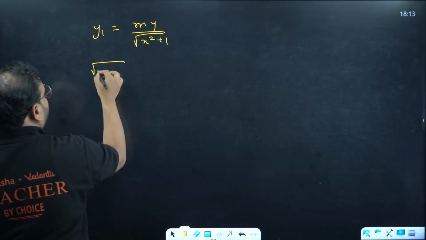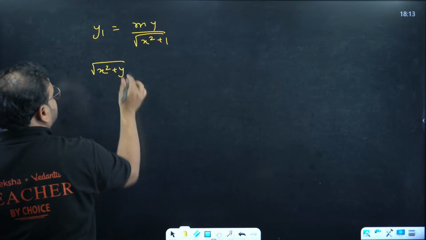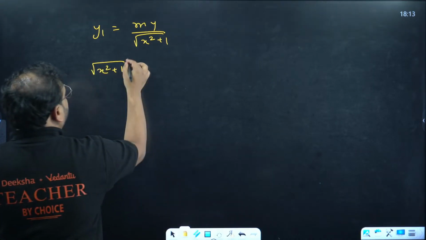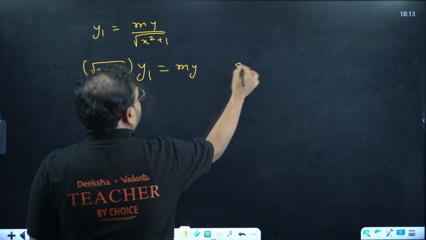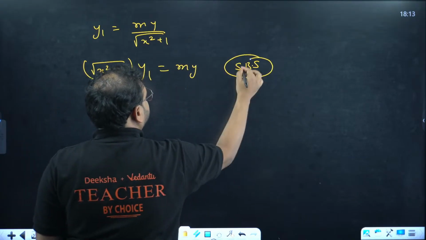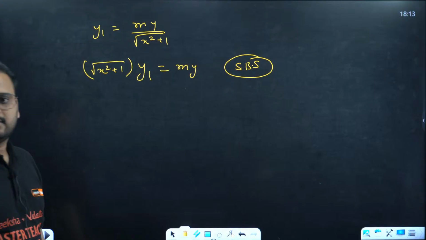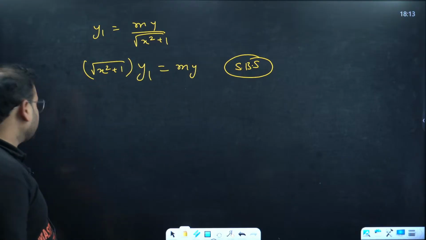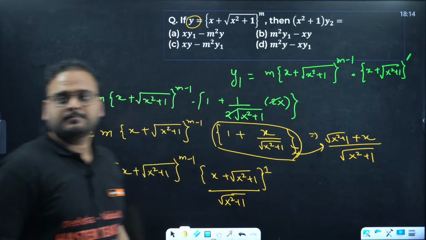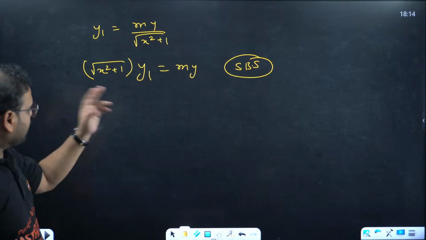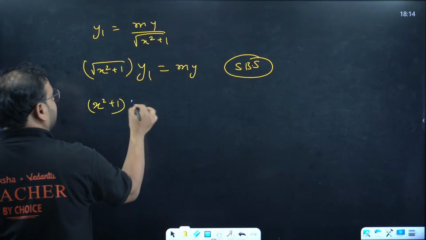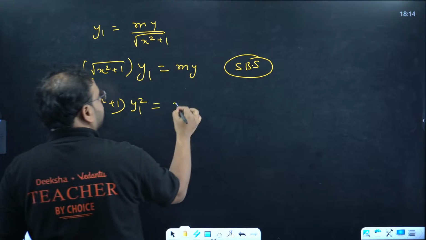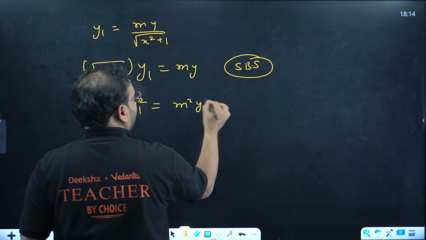You'll get root of x square plus 1 times of y1 equals to my. Square on both sides to get rid of the root, because you look at the option, you don't have any root available, right? So get rid of the root, square on both sides. You'll have here x square plus 1, this will be y1 square, m square, y square.